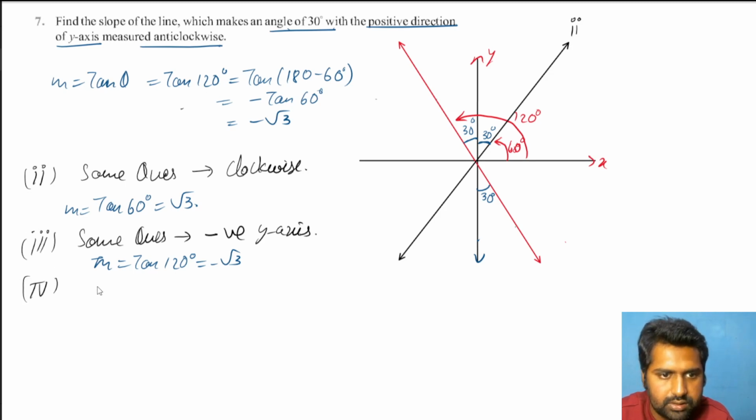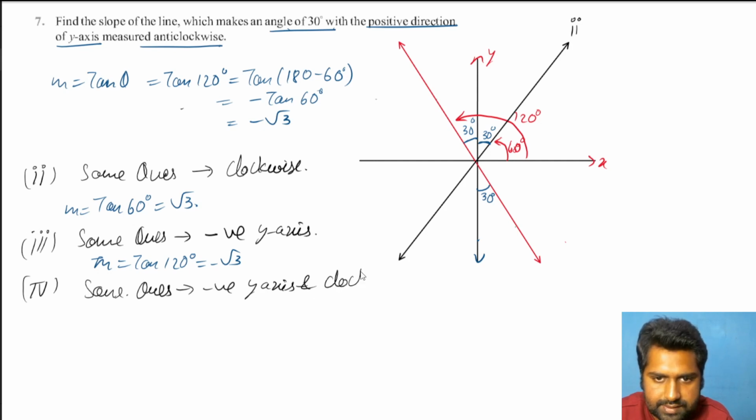Fourth part, same question. Negative y-axis and clockwise 30 degrees. Okay, same thing. So this is the negative y-axis and you have to measure clockwise. So clockwise you will move here and this angle will be 30. Same thing now.